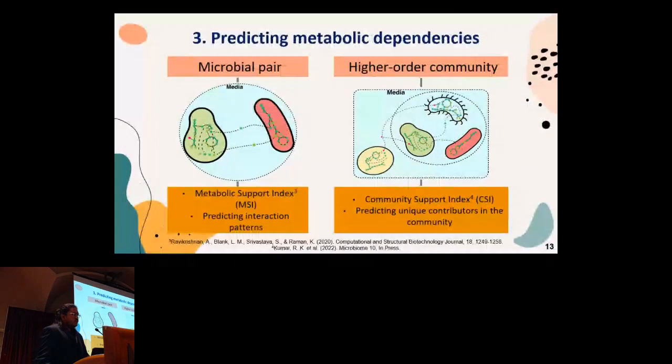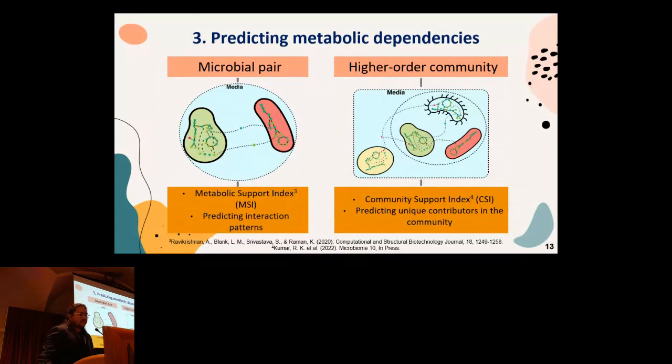Okay, so the next step is predicting metabolic dependencies. The concept we were discussing earlier in the slide, the relieving of reactions, directly tells us about the metabolic dependency of one microbe on another. It says that we need another microbe to activate the inactive reactions.